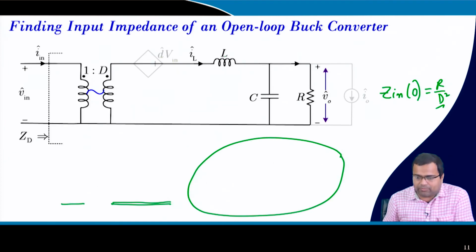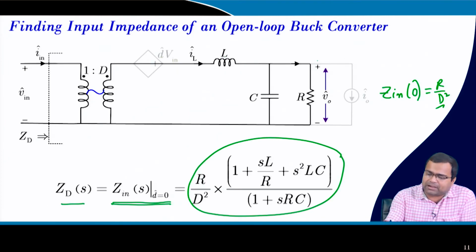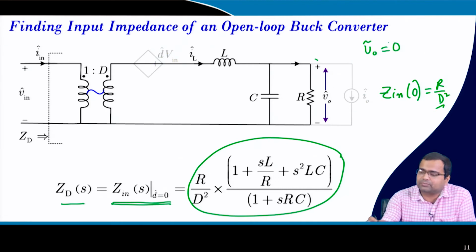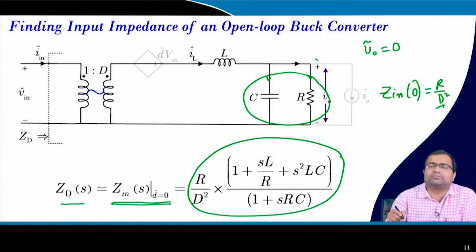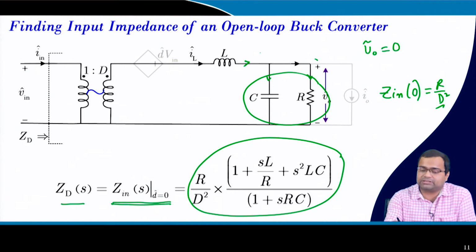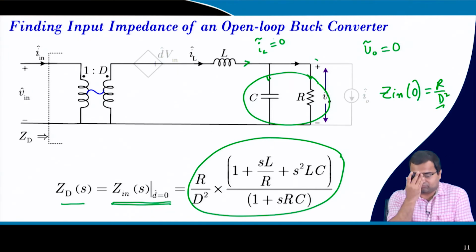So, that means if you go back to the circuit, if the voltage perturbation is 0, which means the current perturbation to the resistance is 0. Okay. Similarly, the current perturbation to this capacitor must be 0, otherwise any perturbation in this you will have an impedance of this, so it will be reflected, which means the current perturbation of this also has to be 0. That means our inductor current perturbation will also become 0 in this case.